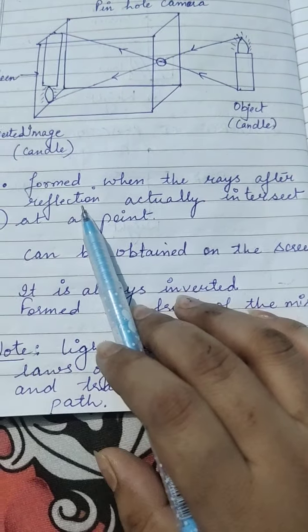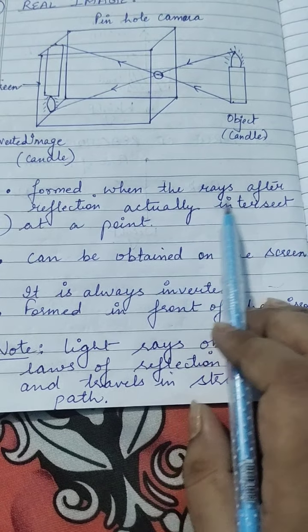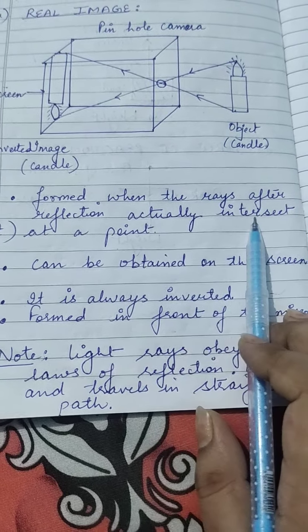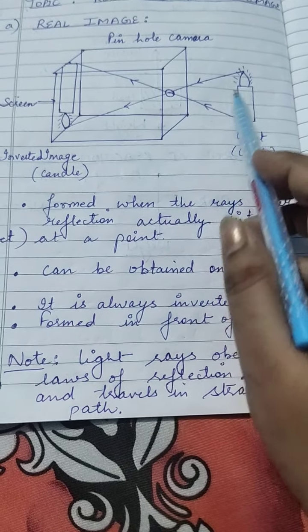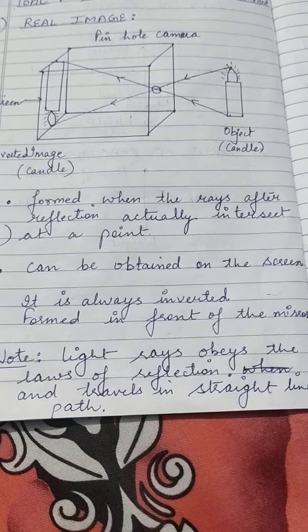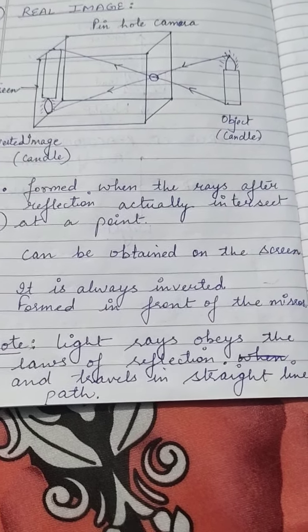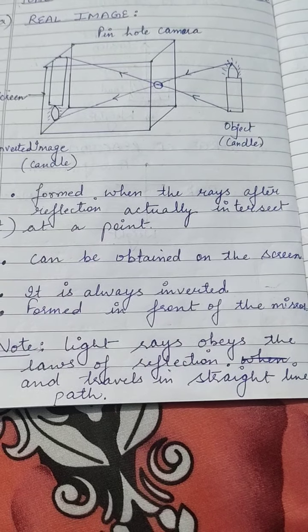So now some points are there: the real image is formed when the rays after reflection actually intersect at a point. So here you can see that they are actually meeting at a point. They are not produced backward. They are actually meeting. They can be obtained on the screen.